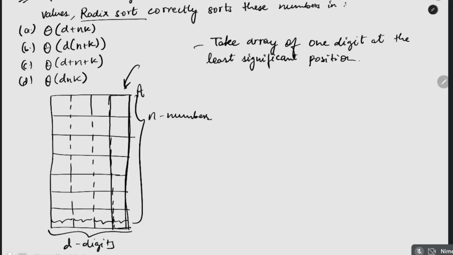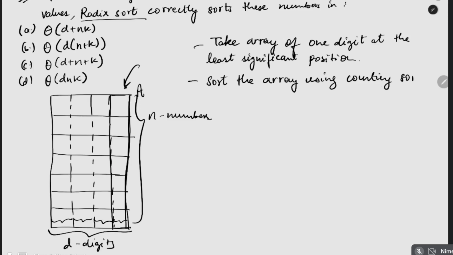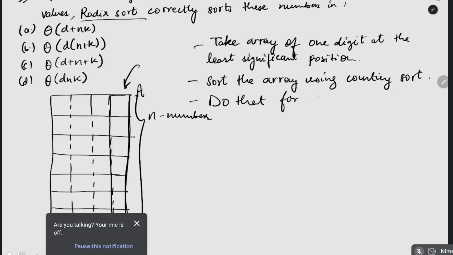right? And then we sort that array using counting sort, right? So do that for each array, right?